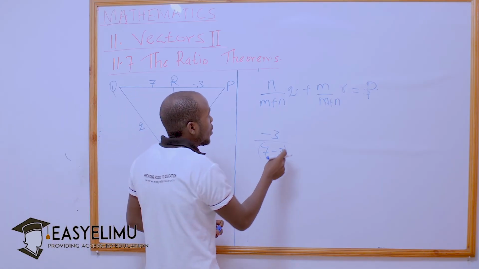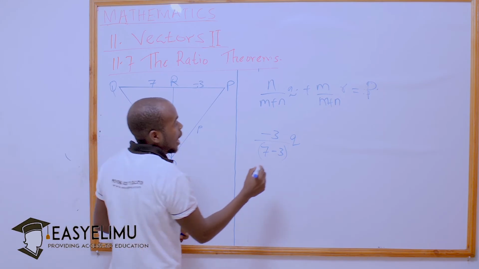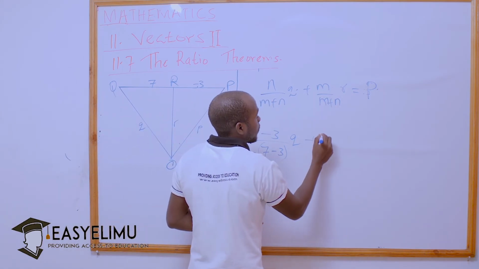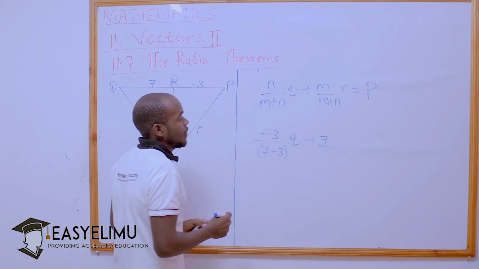And then we multiply by Q, and then we are going to add m, and m is 7.